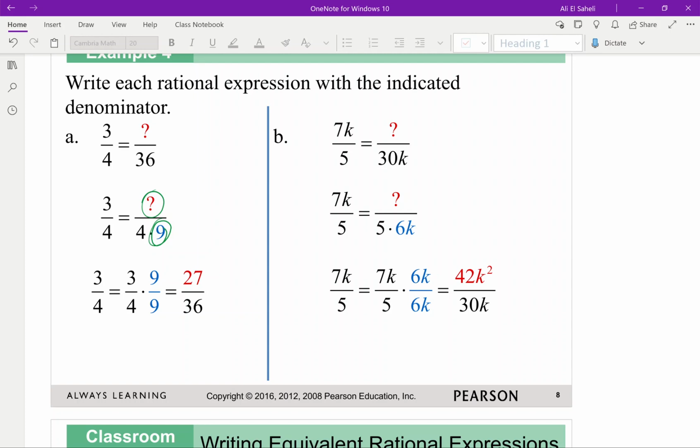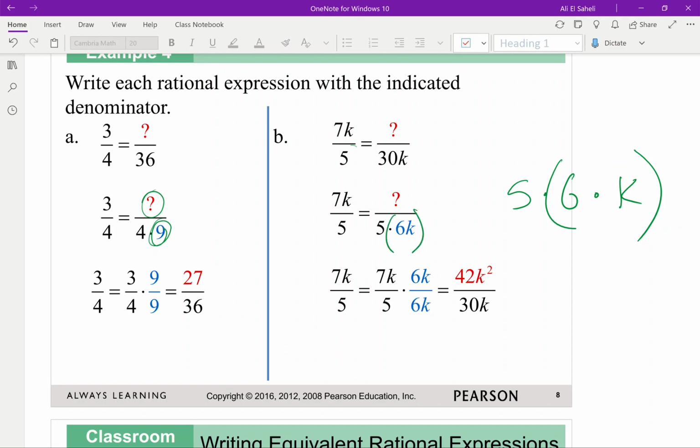All right, now this. I want the denominator to be 30k. What do I multiply 5 by to get 30k? To get 30, I need to multiply 5 by 6. So 5 has to be multiplied by 6. And to get k, I simply multiply by k. So actually, I am multiplying 5 by 6k.